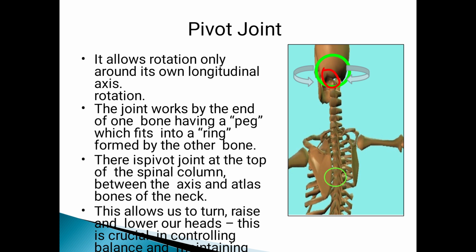The example is the pivotal joint at the top of the spinal column between the axis and the atlas bone of the neck. So it allows us to turn, raise and lower our head. This is crucial in controlling the balance and maintaining the awareness.